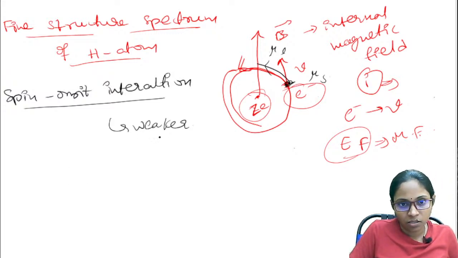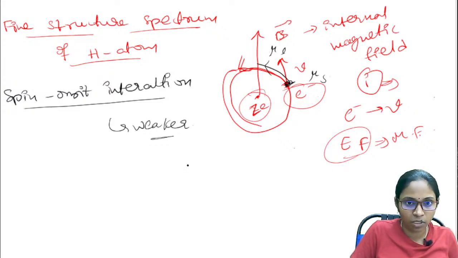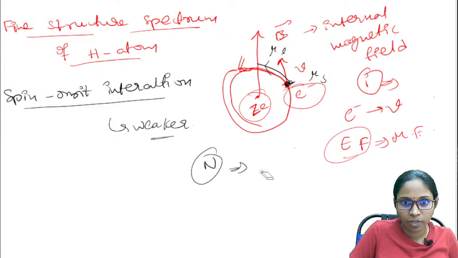And here I consider the weaker interaction. Why? Because here we have only one electron. If you consider n number of electrons, then there will be a strong magnetic field, and you will have strong spin orbit interaction. Why?